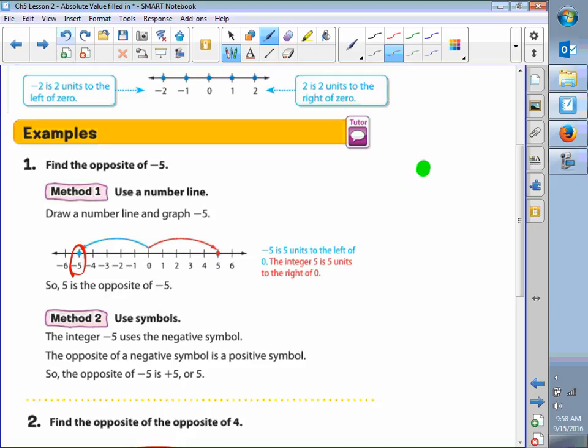The opposite will be 1, 2, 3, 4, 5 units to the right of 0. Is everybody clear? So the opposite of negative 5 is positive 5.